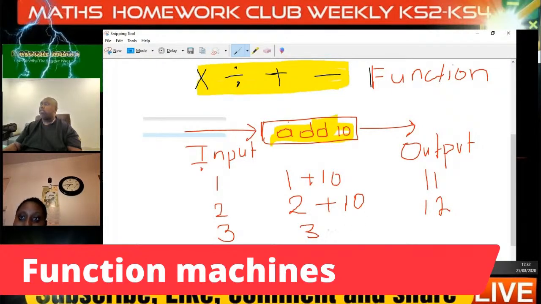Input is 3, add 10. 13. Okay, so this is known as your function. The function is adding 10 each time, right? That is the machine. That is what the machine is doing, adding 10 each time.